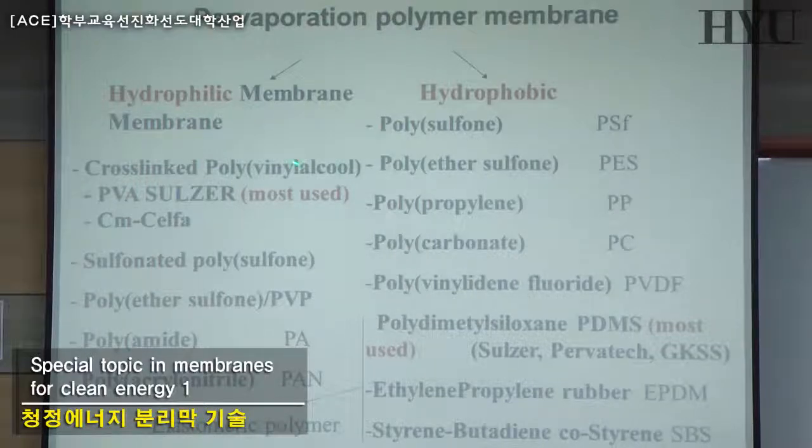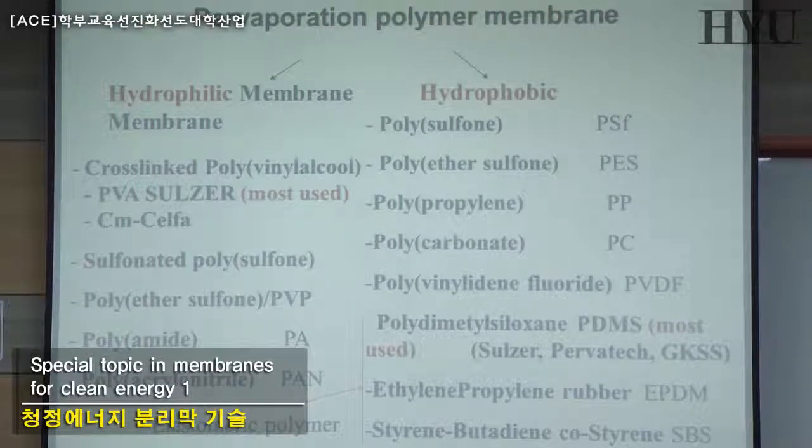Polyvinyl alcohol is a water-soluble polymer, but it is water-soluble at 80 degrees C, in little hot water, okay? Not at room temperature water. Although it can absorb the water, it's not soluble at room temperature, but if you boil them, it will be soluble.